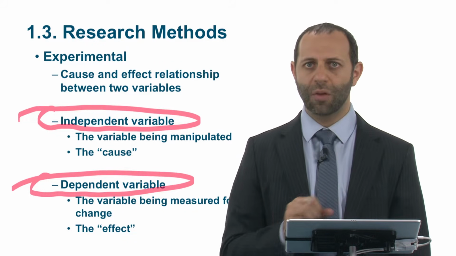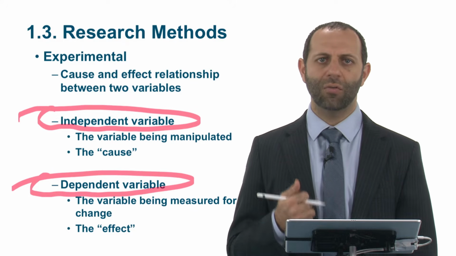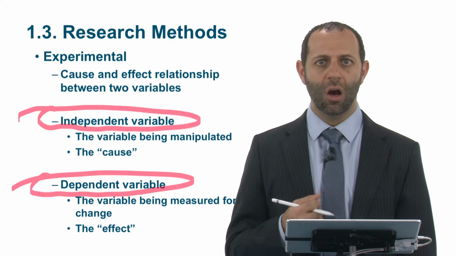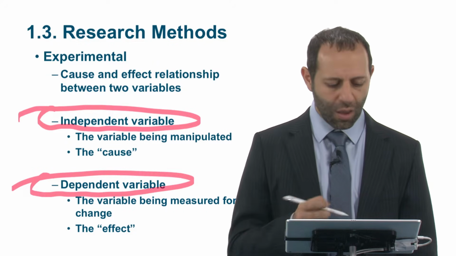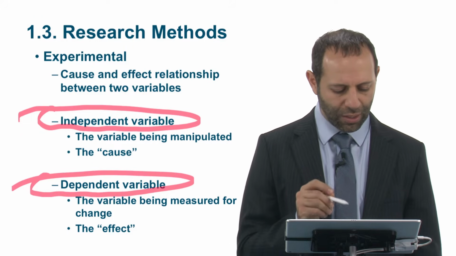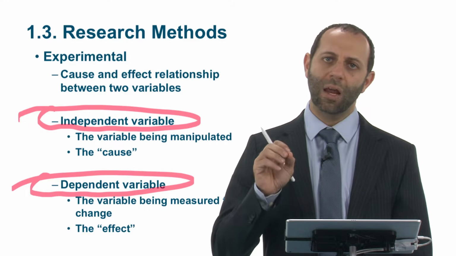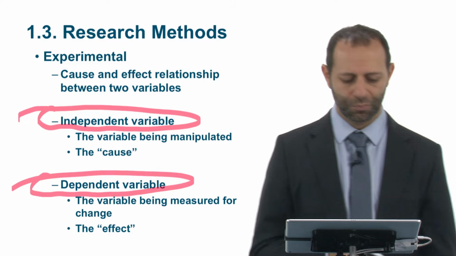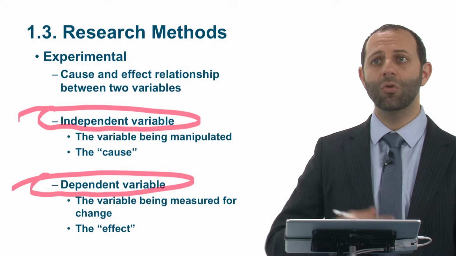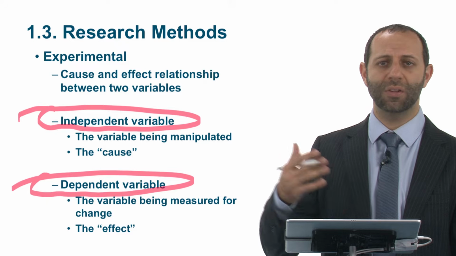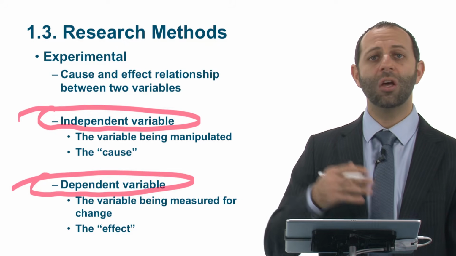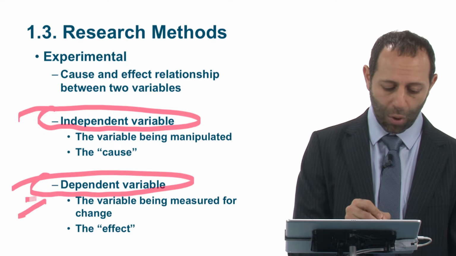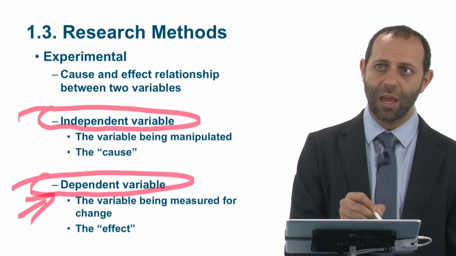So to give you a brief example for these two terms, if I'm going to investigate the effects of an antidepressant medication on someone's depression, the variable being manipulated is whether or not I give them an antidepressant pill, or maybe I give them a sugar pill or a placebo. The dependent variable is the mood, the effect. Does the placebo or the antidepressant medication change their depression? Well, it depends on whether or not they receive treatment A or treatment B.